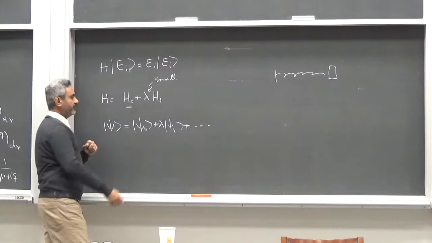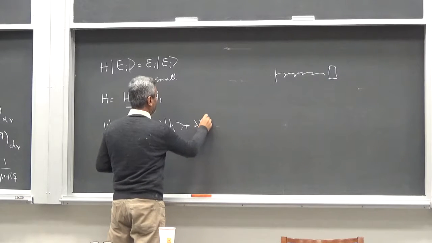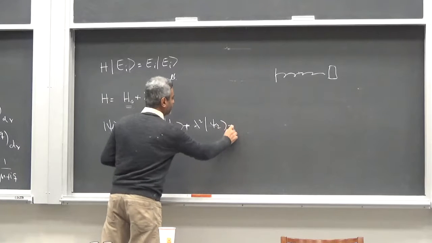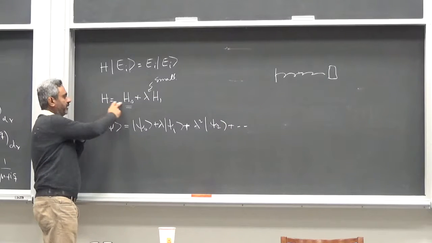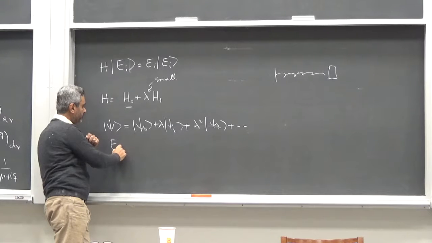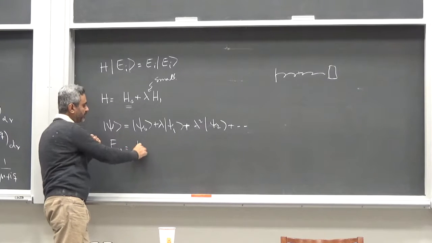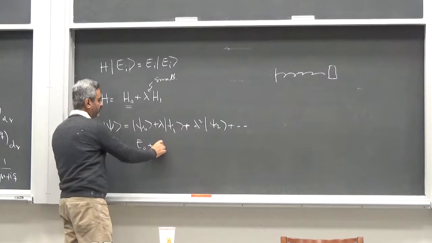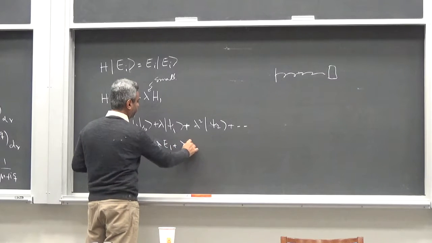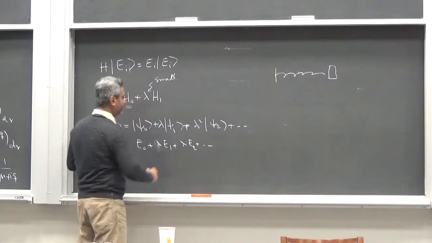then you would have an expansion in orders of lambda, something like this, right? And you already have this equation, and you correspondingly also assume that En can be written as E naught plus lambda E1 plus lambda squared E2, like this.